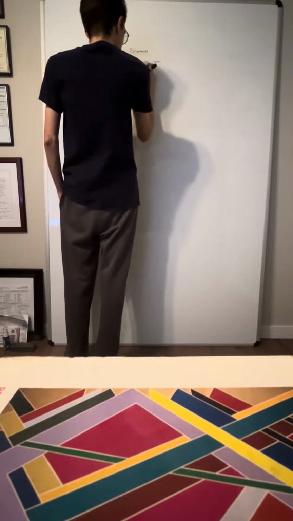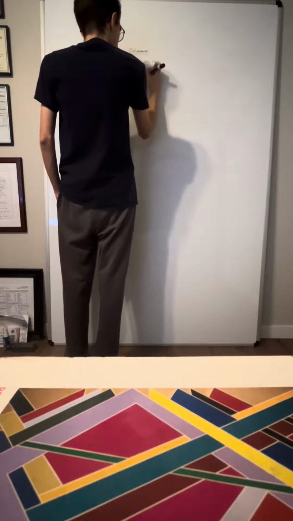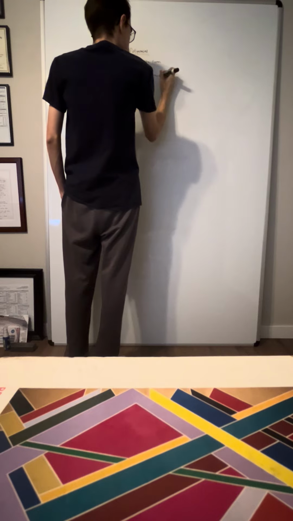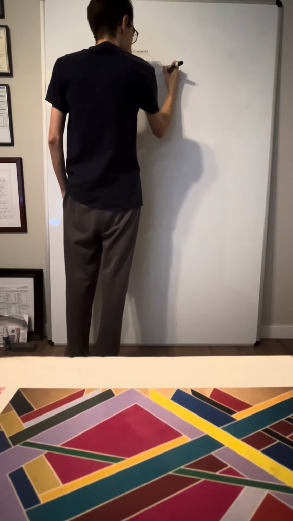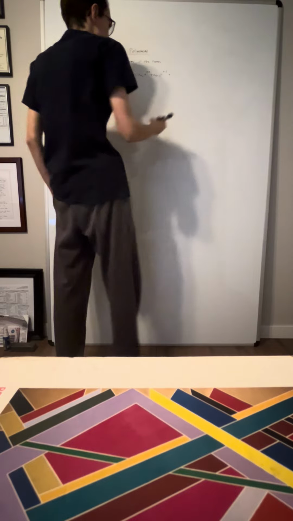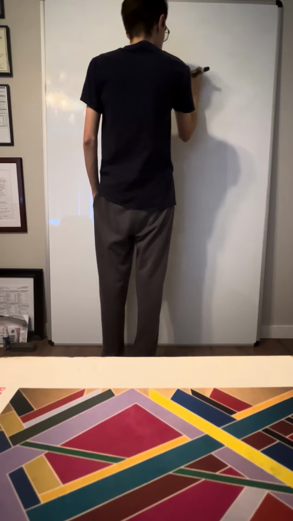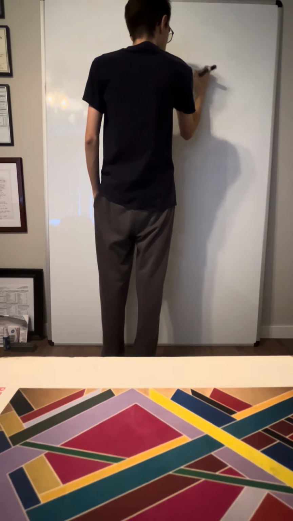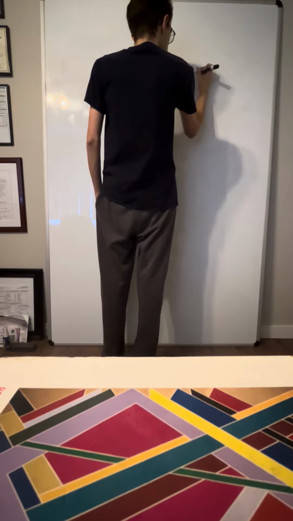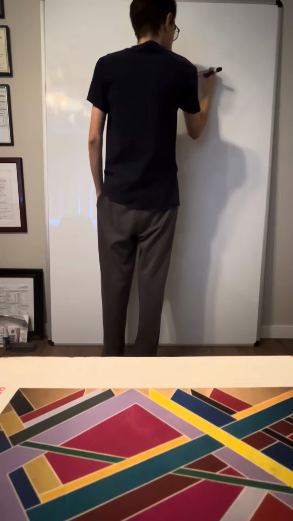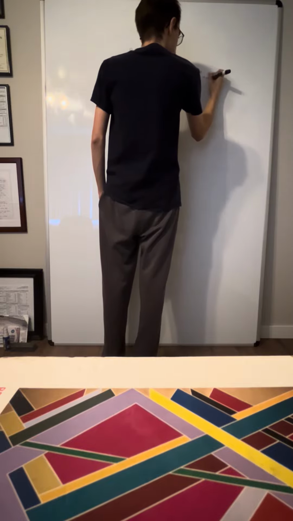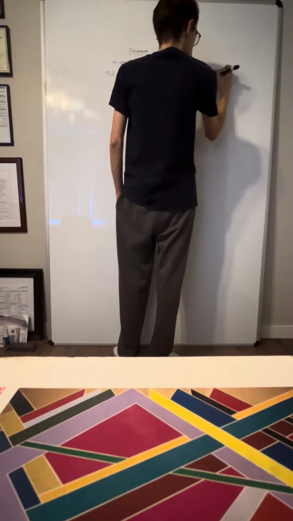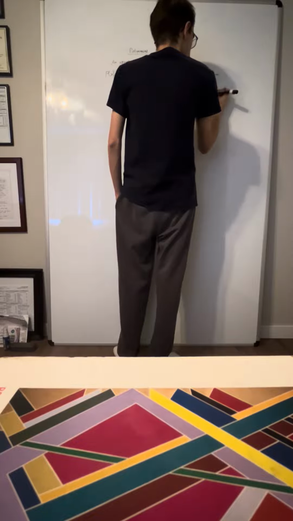And then plus a sub n minus 1 times x to the n minus 1, plus a sub n minus 2 times x to the n minus 2, continuing all the way down to some a sub n minus 1 times x to the n minus 1, plus a sub n minus n times x to the n minus n.